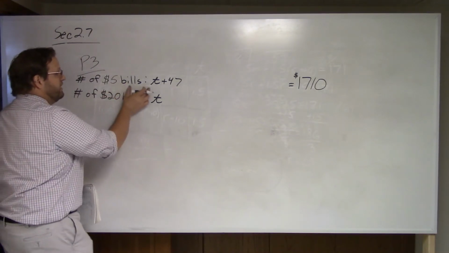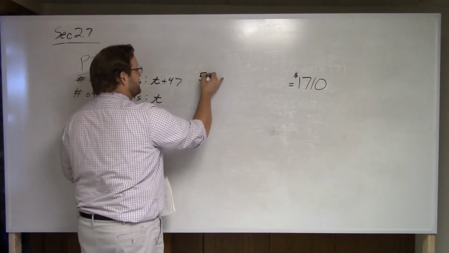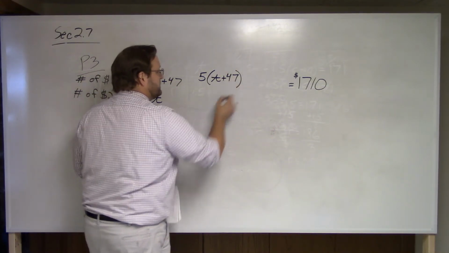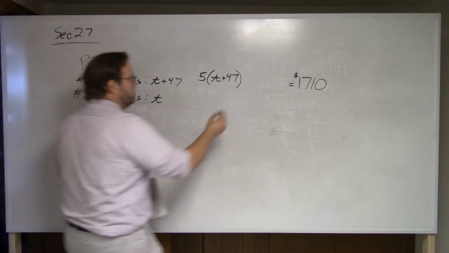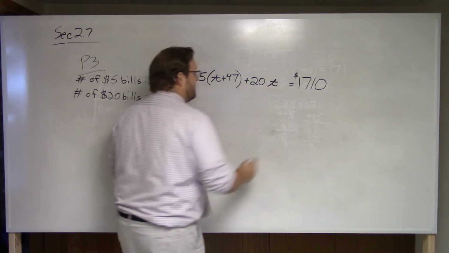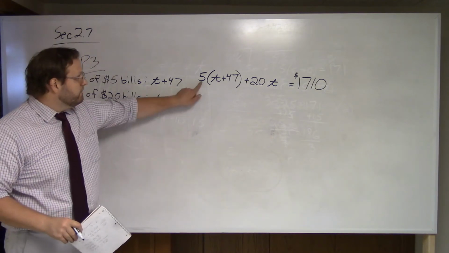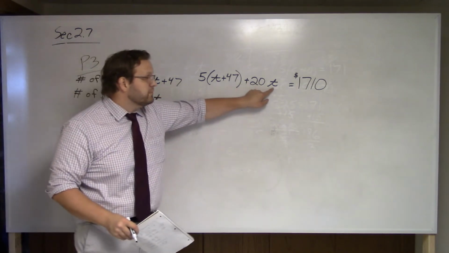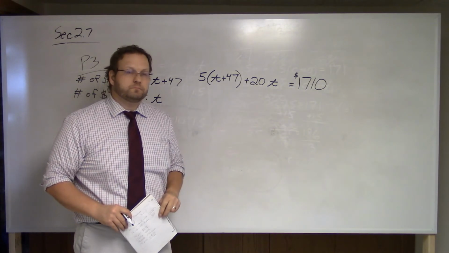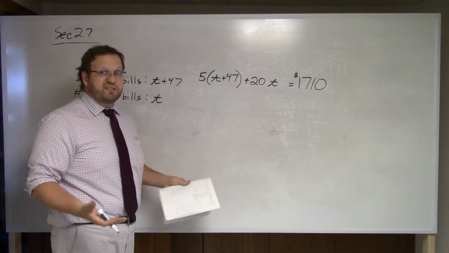This will have a value of $5 that many times. Plus the $20 that many times. Value times quantity, total value here. Okay?